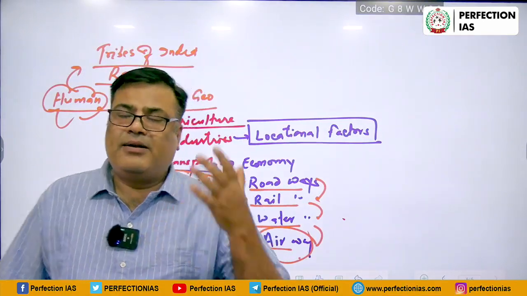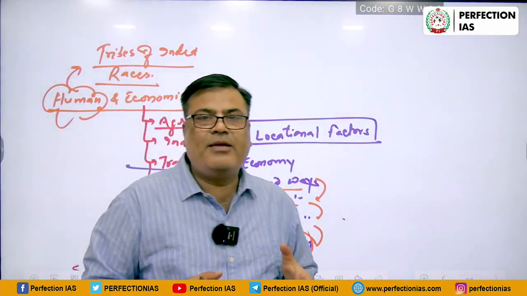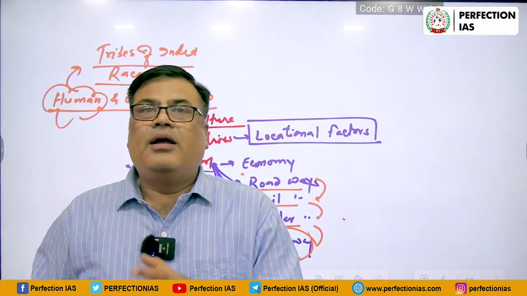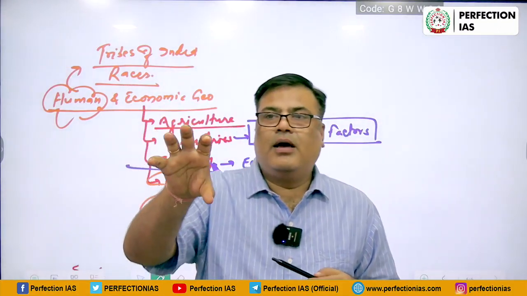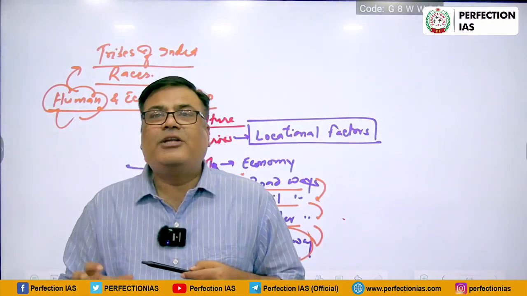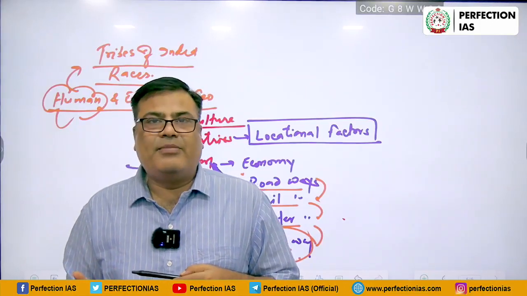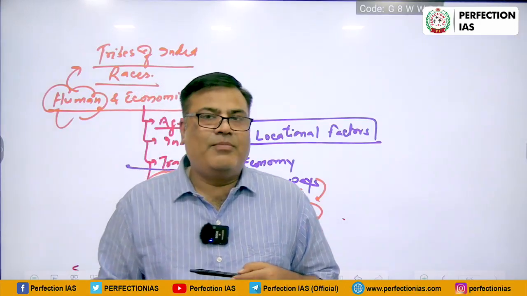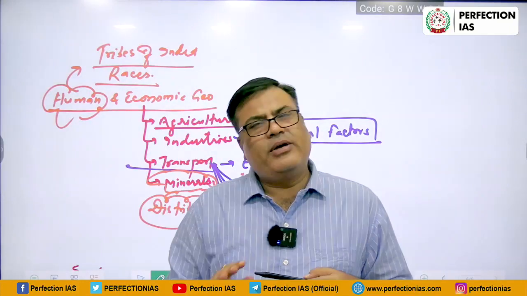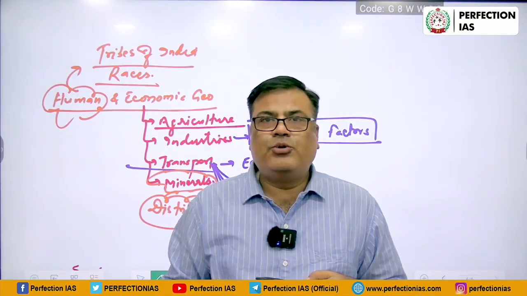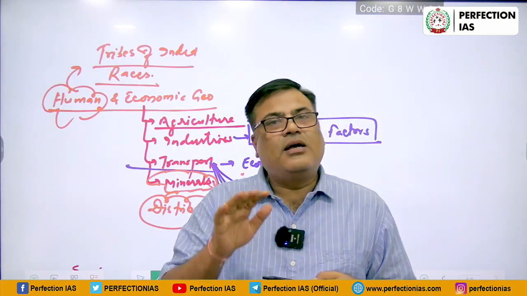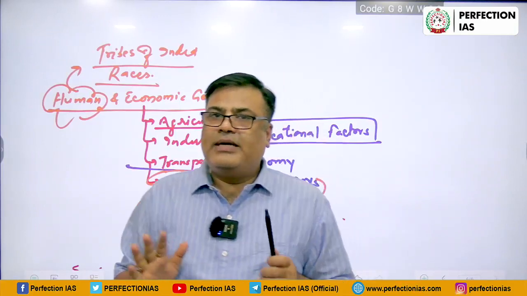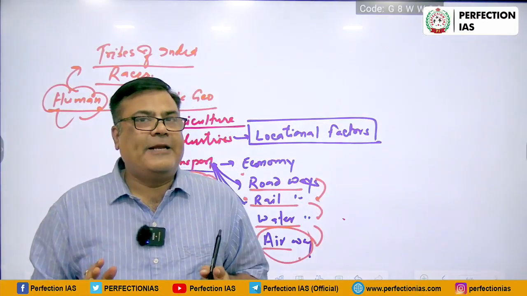They can ask you that on one side there will be the name of the tribe, and on the other side which state they belong to, like the Toda tribe, the Munda tribe, the Khasi tribe, to match the list. Questions are easy, a little factual, and mostly based on the current affairs part. So it is doable very easily.